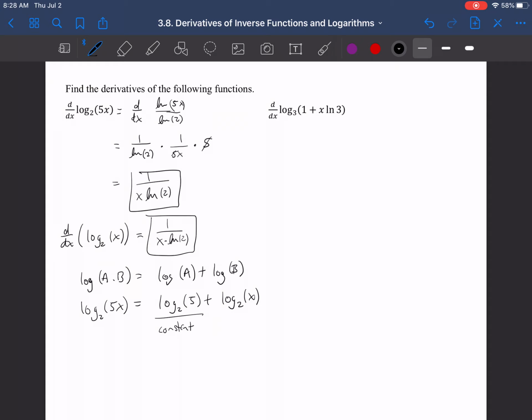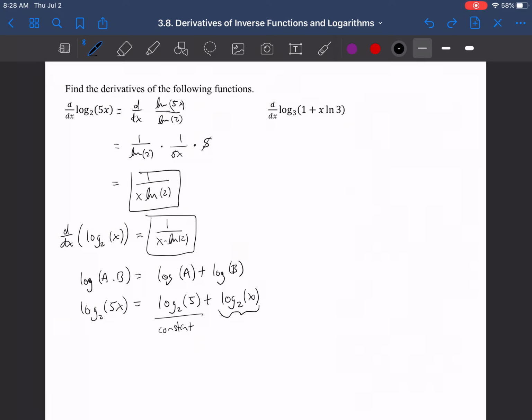So log base 2 of 5x equals a constant plus the log base 2 of x. If we split it like that and take the derivative, the constant term would just go to 0, and the only part left would be the derivative of log base 2 of x. So keep in mind that those constants inside there are going to end up canceling out.